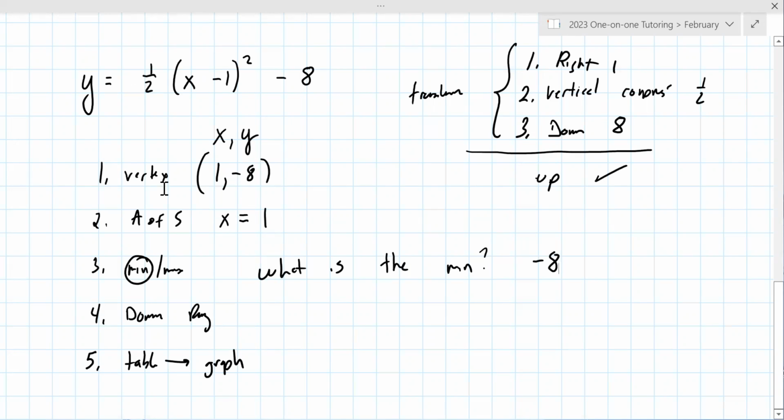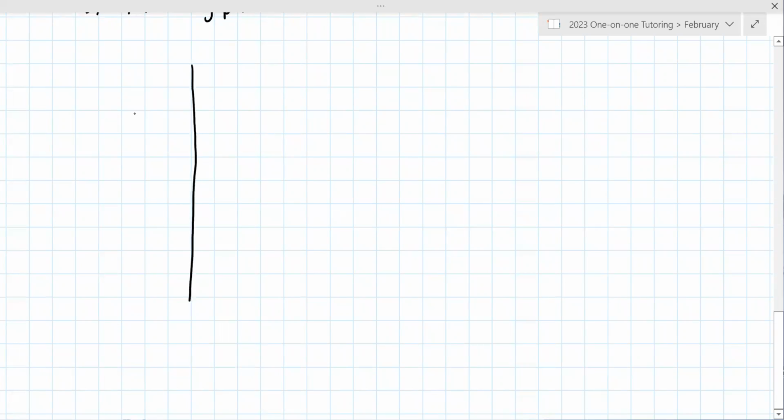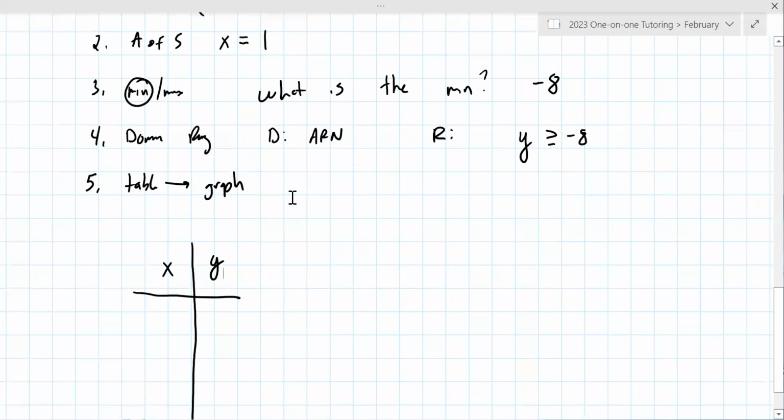The domain equals all real numbers, and the range equals y is greater than or equal to -8. And then the table, so then x and y.